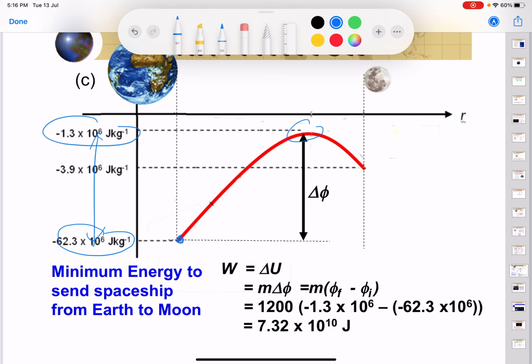This increase in gravitational potential energy has to be supplied by the spacecraft. Okay, so the work done by the spacecraft engines or the jet fuel has to be given by the difference between these two values. So we just sub it in and we can find the minimum energy required to send the spaceship from the Earth to the Moon.